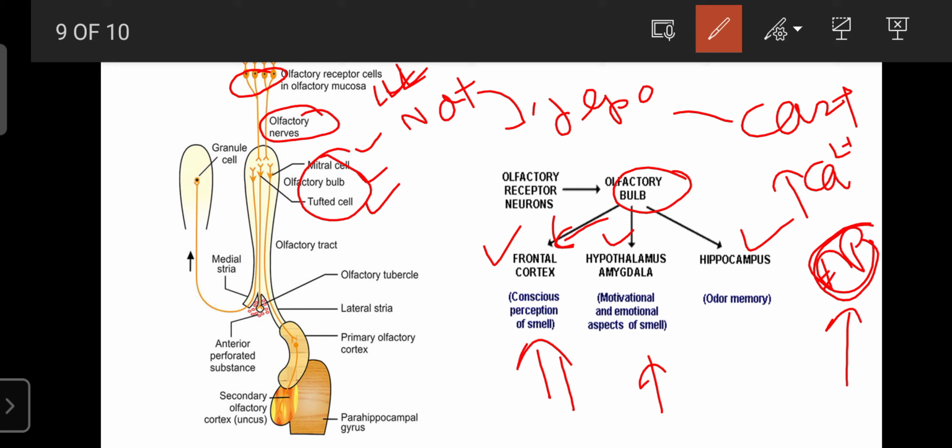When it is a motivational or emotional aspect of smell, the message reaches the hypothalamus and amygdala. That's why when you use certain mogra perfumes, our brain is relaxed, because that is detected by the amygdala, and the amygdala is also involved in the regulation of memory.